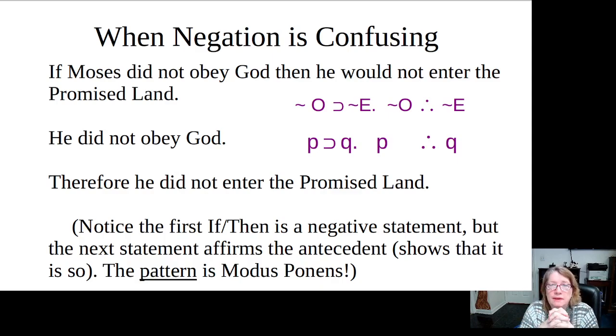So what would happen if Moses did obey God? We would start out with, if Moses did not obey God, then he would not enter the promised land.